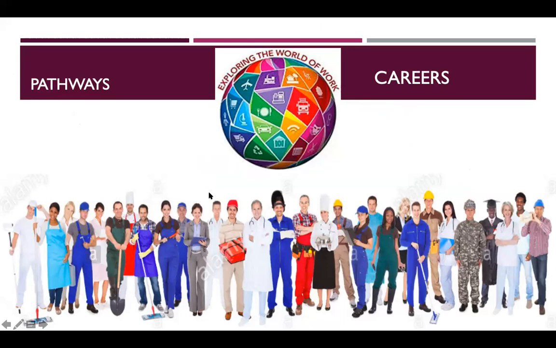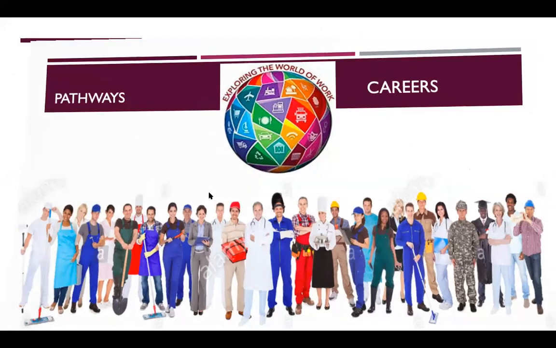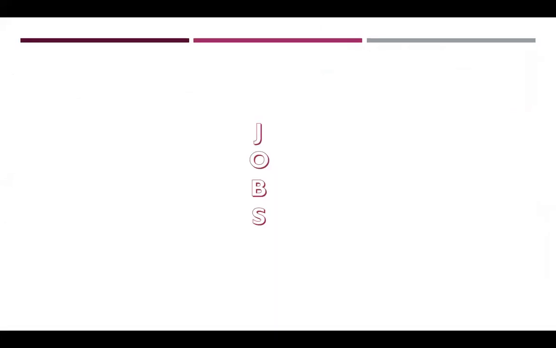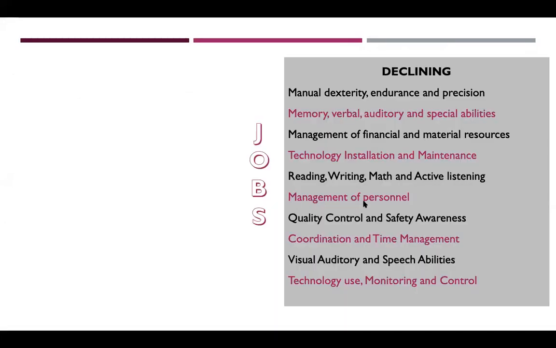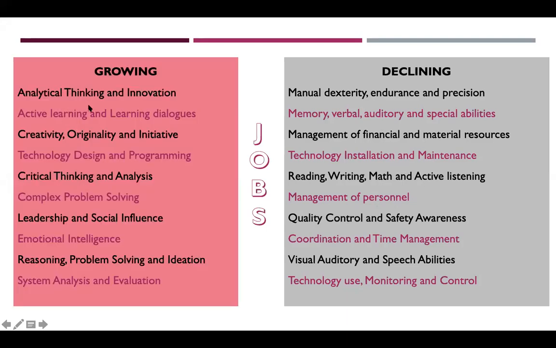Now, surprisingly, careers or jobs are changing. Jobs will not remain the same. Look at this. So these are jobs that we probably are doing right now. Some of us are financial managers, we are installation and maintenance people, we are readers, authors, we manage personnel and so on. So these jobs, unfortunately, are declining, but these career paths are growing.